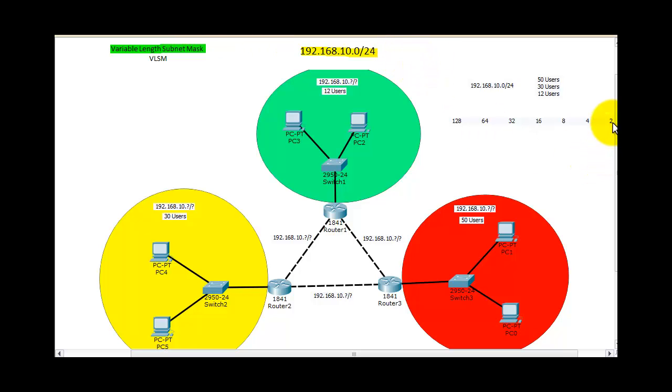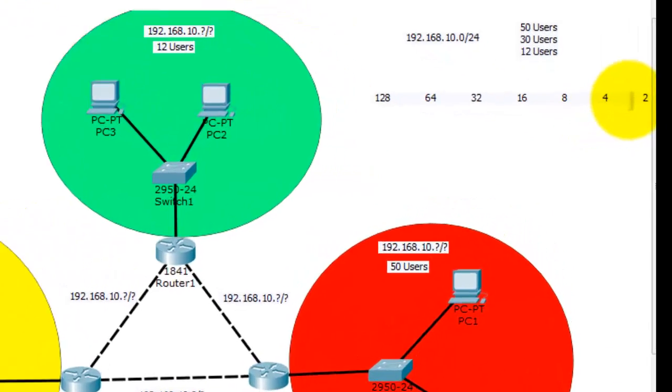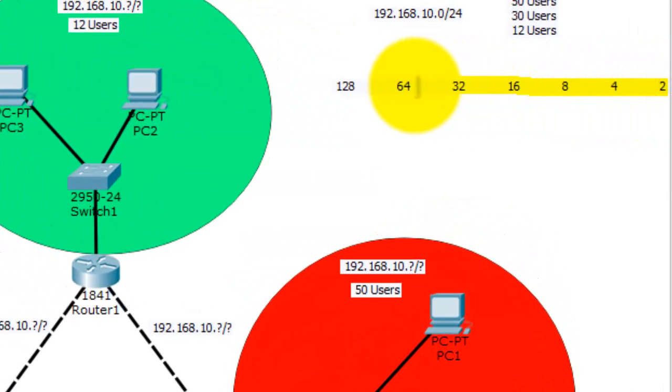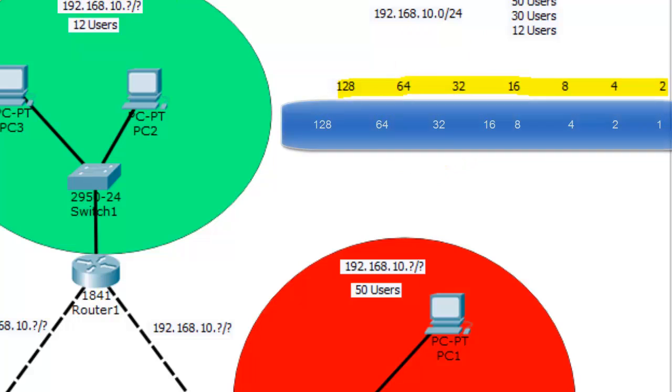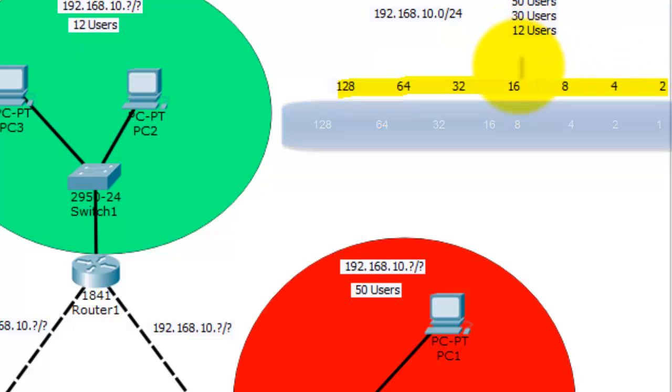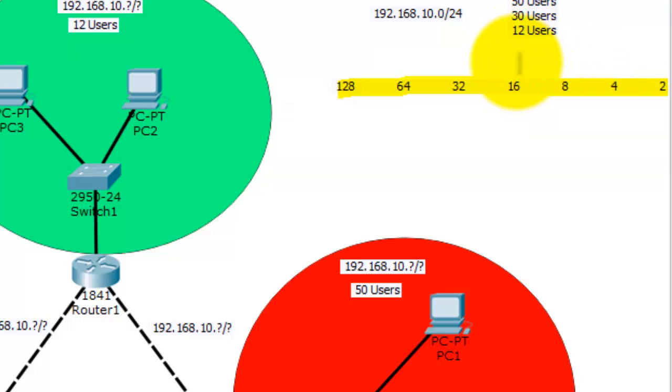Here, for example, we have 1, 2, 4, 8, 16, 32, 64, and 128. What we used to do is just find the magic number. Say if we are looking for 10 users, our magic number is 16, right?